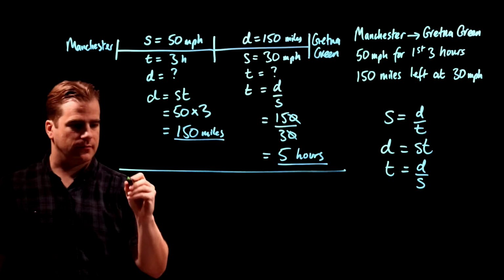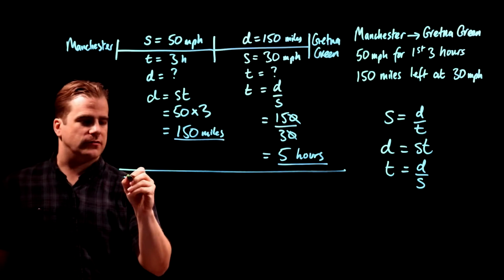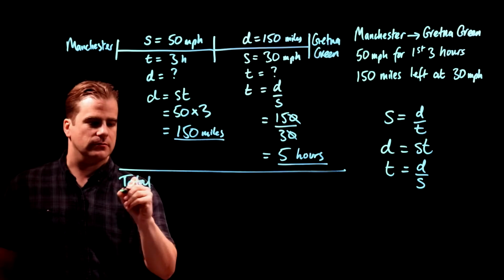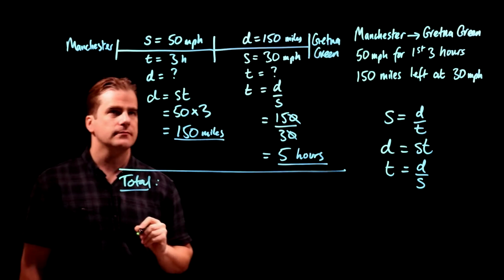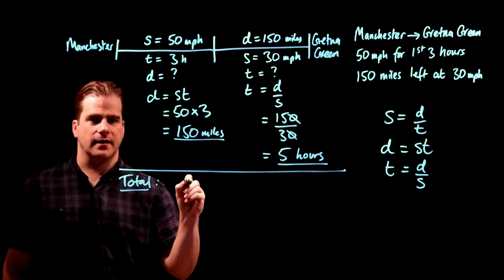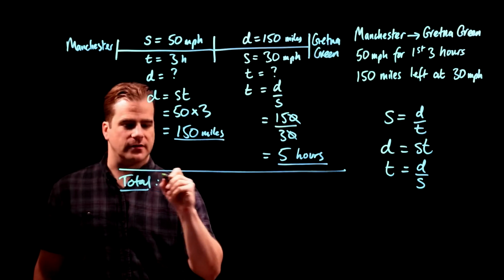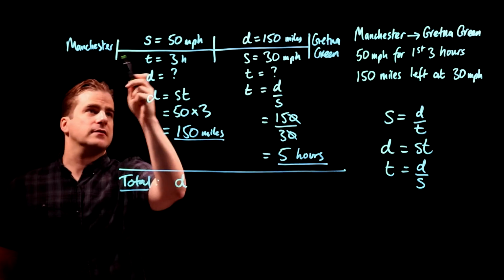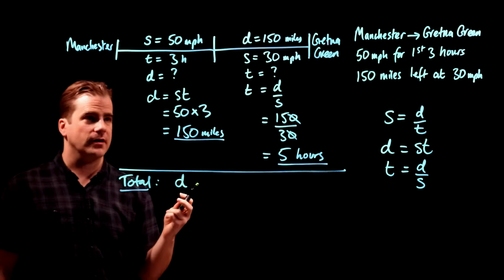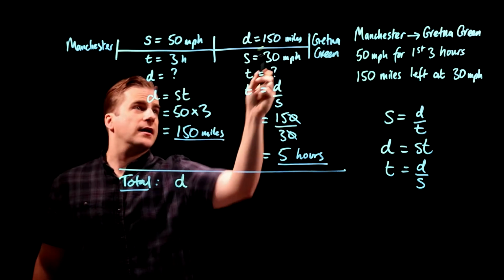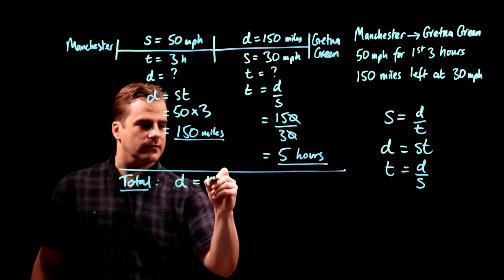Okay, so total. Okay, right. Do distance and time and then speed first. So total distance is whatever that distance is plus that distance, right? Which is 150 miles here, and it's also 150 miles for the second bit.